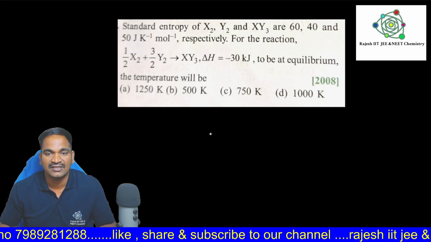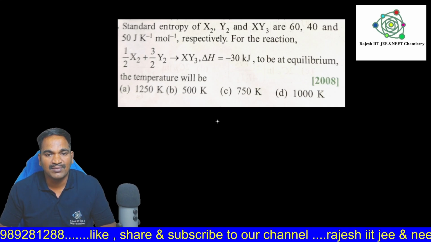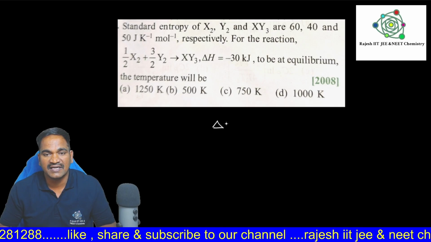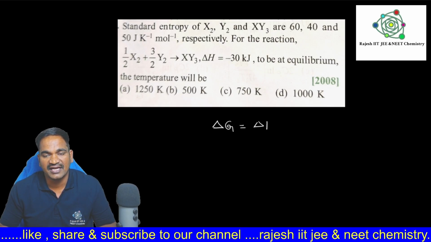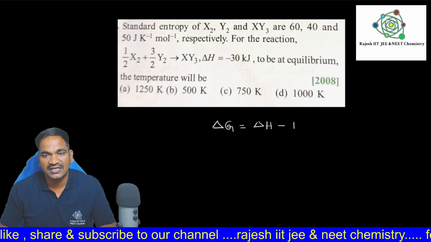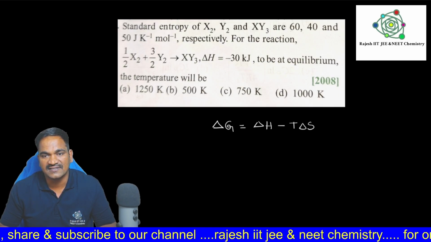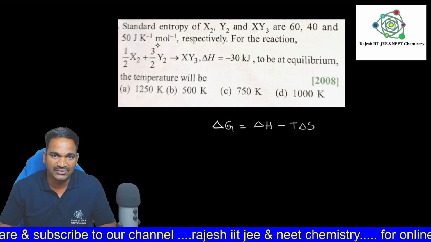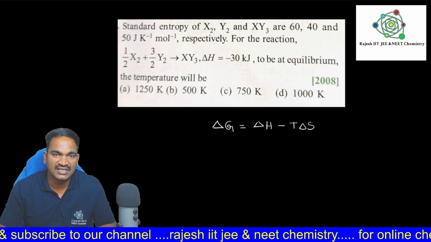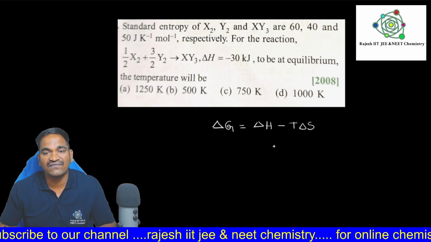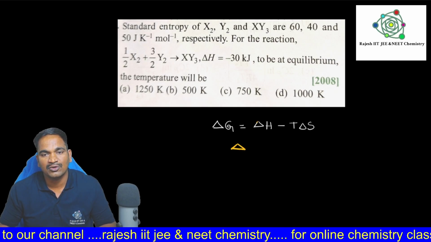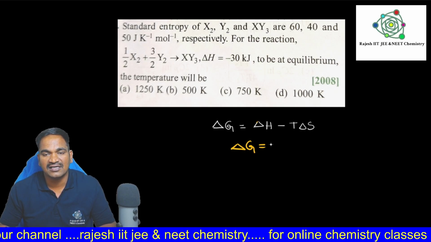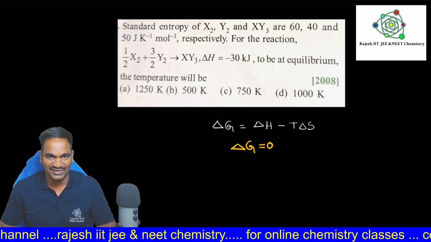Here you see, first, which formula should we use? That is delta G is equal to delta H minus T delta S. This formula we have to use. They said if it is to be at equilibrium, you all know very well, delta G is equal to what? 0.